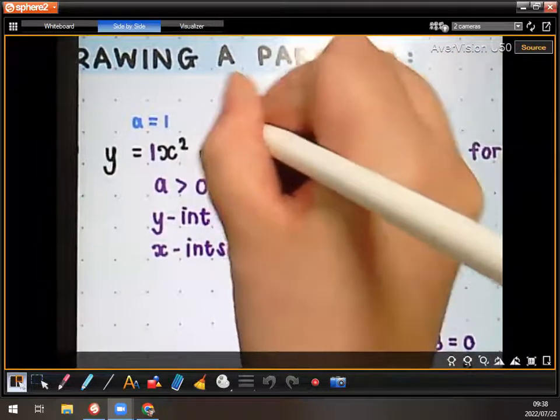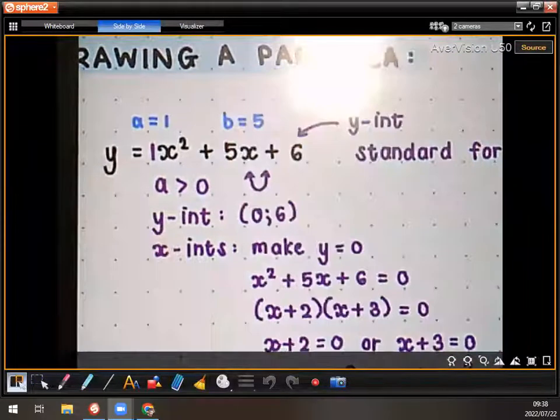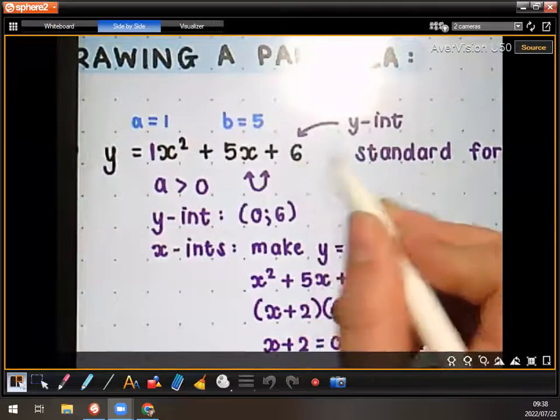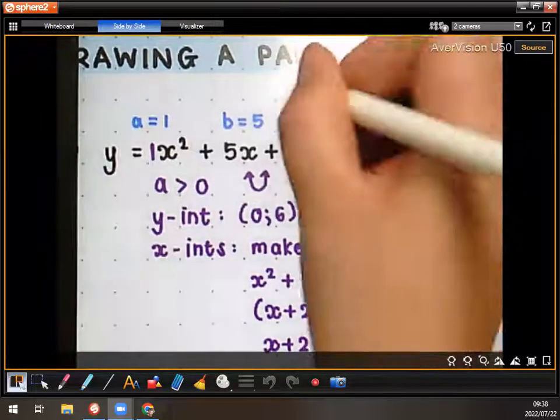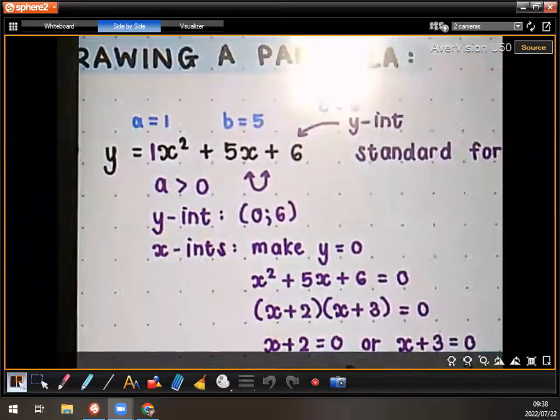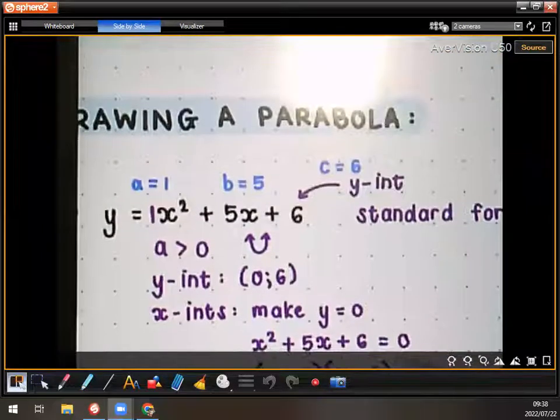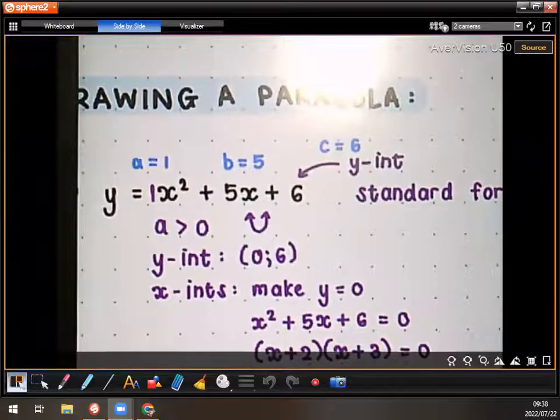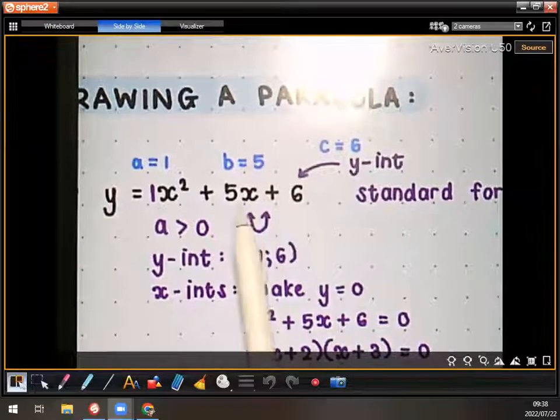So b is 5. And then c is your y-intercept, your constant term, c is 6. If an equation is written in standard form, that will always be your a, b, and c. A is always the number in terms of x squared, b is the number in terms of x, and c is the constant term.